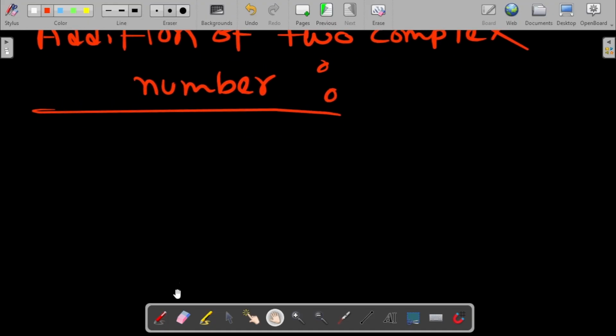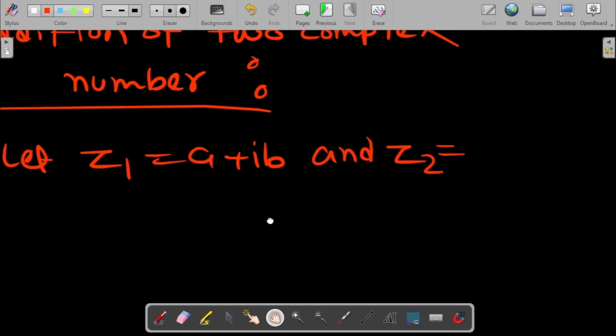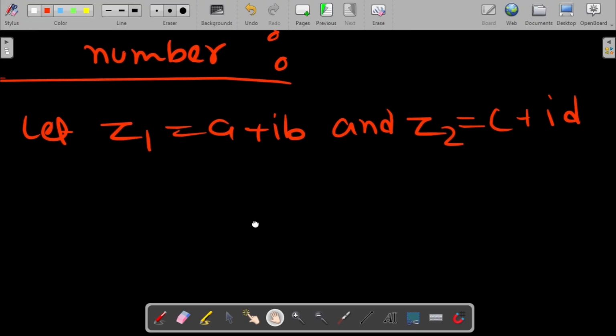Let Z1 equal to a plus ib, one complex number, and Z2 equal to c plus id, another complex number. So here Z1 and Z2 are any two complex numbers.